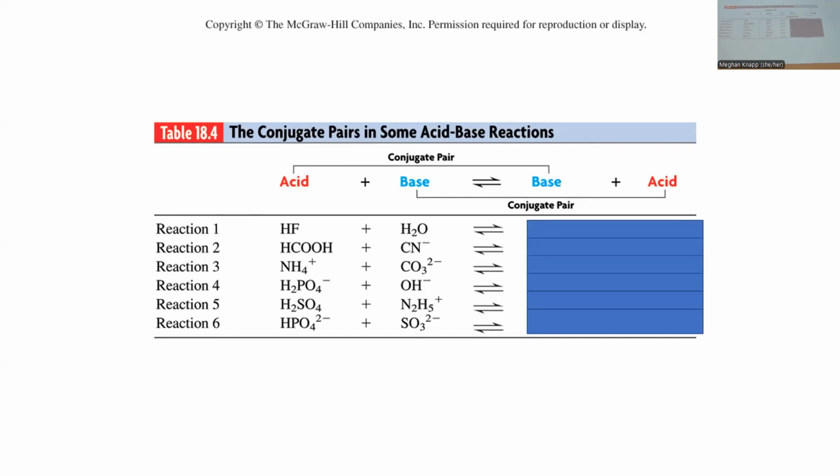And then what's going to be the conjugate acid of the water? Yeah, H3O, and since that is a positively charged hydrogen, it'll be H3O plus. Anybody remember the name of that ion? Hydronium.